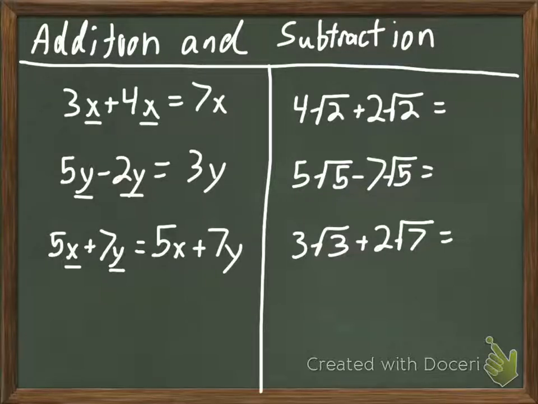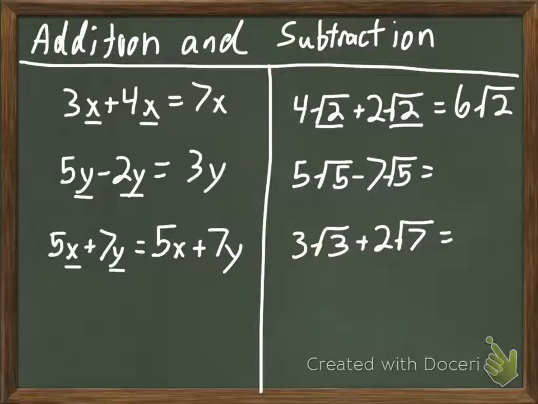That same concept applies to our square roots. We need to have square roots that are the same. Square root of 2, square root of 2. That's the same, so we can add the numbers in front. So 4 square root 2 plus 2 square root 2 is 6 square root 2.